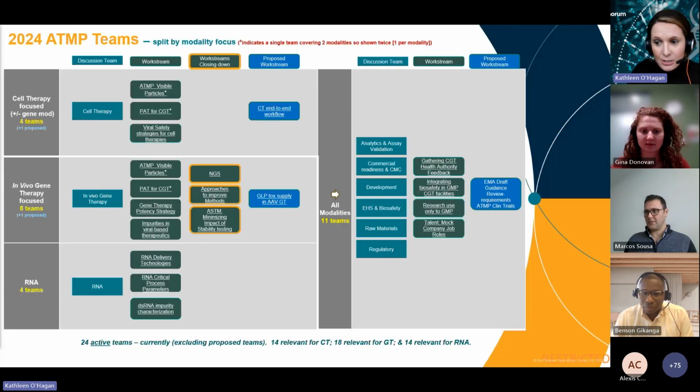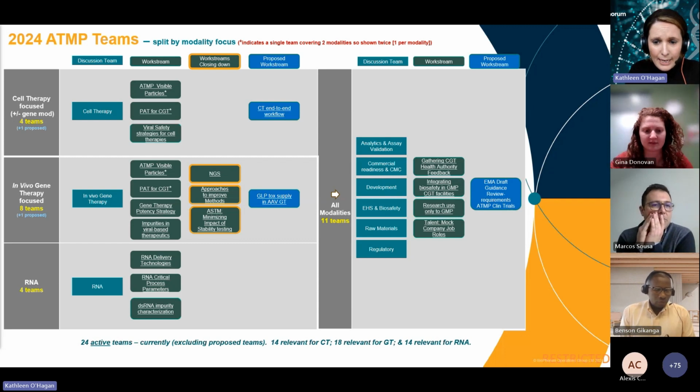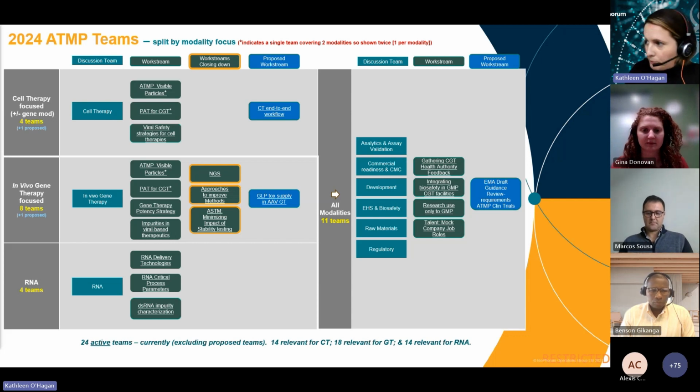In addition, I mentioned the deep dive teams that we have ongoing with the forum. They are very much member-led, as the whole agenda is. We're discussing a possible follow-on team to this piece of work and understanding specifically what topics we want to discuss further. So watch this space, and if anyone is interested in continuing that discussion, please reach out to me. It'd be great to hear from you.